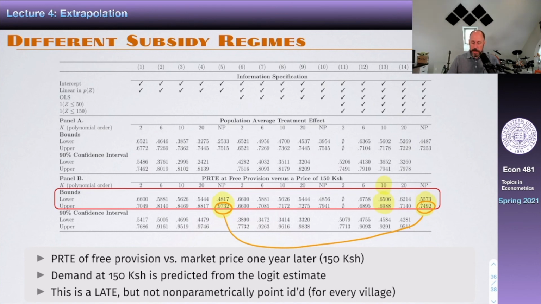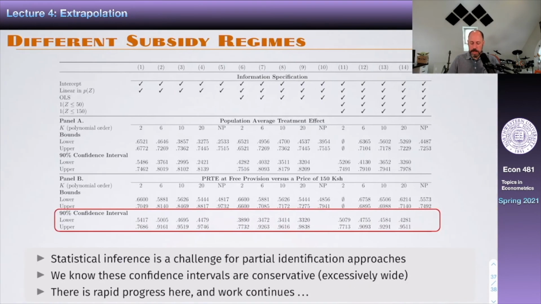Now, the paper also used inference, because as I said, they did develop an approach to do inference. And it's certainly the case that inference is not easy in these models.